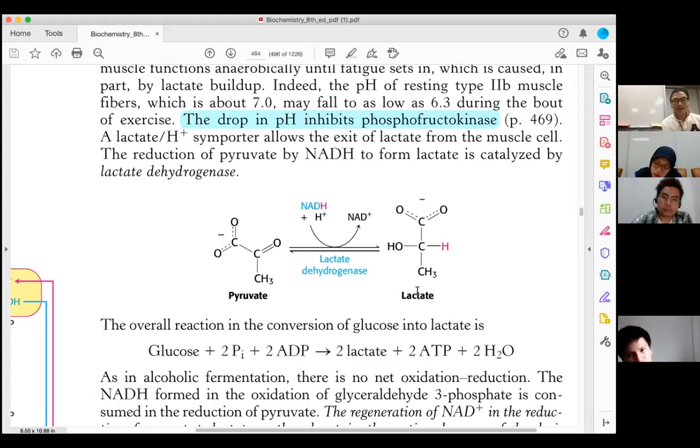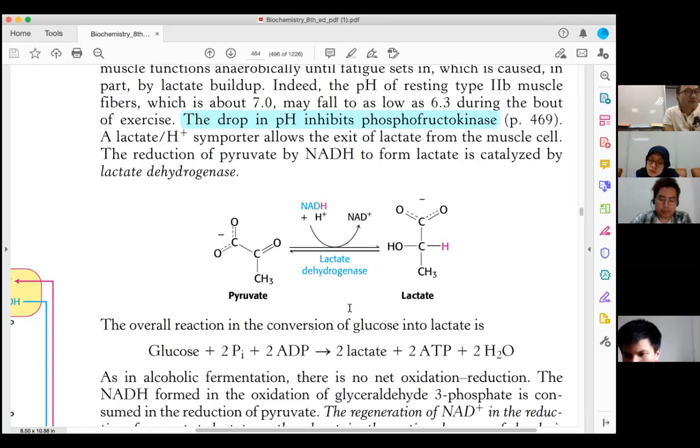So this pathway is catalyzed by the enzyme called lactate dehydrogenase. So remember this, lactate dehydrogenase. And you want to know that lactate dehydrogenase accelerates the chemical reaction and is bidirectional.